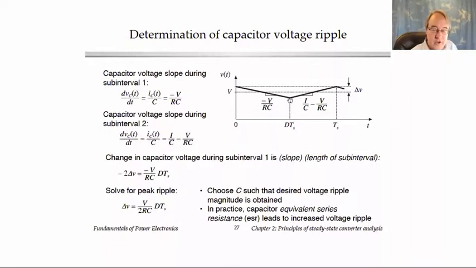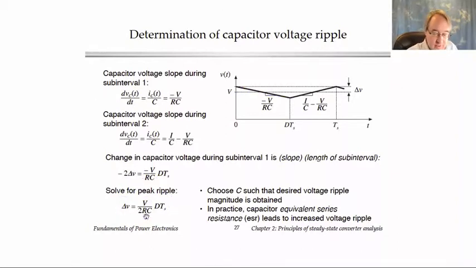So the load current will discharge the capacitor, and the capacitor voltage will go down with a slope that is the current divided by C. So knowing the slope, we can multiply the slope, which is this, by the length of the first interval, which is d prime ts, and that's equal to the peak-to-peak ripple, or 2 delta V. So we can solve for delta V and find a value of capacitance then that will make the output voltage ripple sufficiently small according to whatever specification we have.